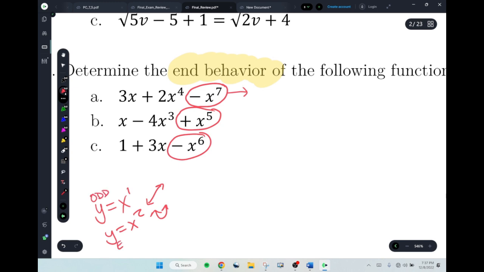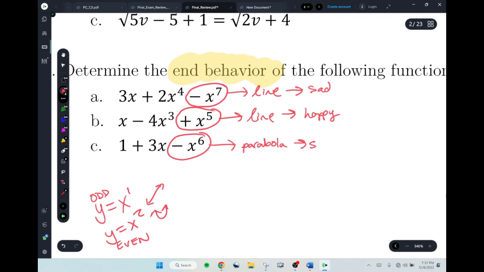Odd, even. That's all we're doing right there. So, line. Okay, what about this one? Line, because it's odd. Line or parabola? Parabola. Okay, now let's determine happy or sad. Sad, because of the negative sign. Happy or sad? Happy.